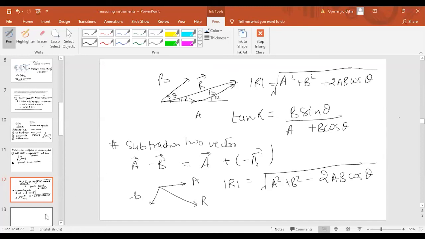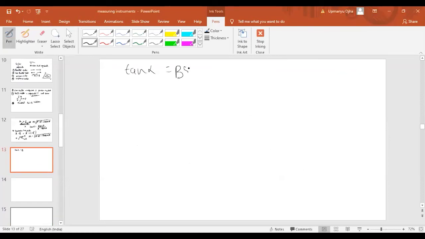Now, this resultant will make an angle alpha, where tan alpha will be equal to b sin theta divided by a minus b cos theta.